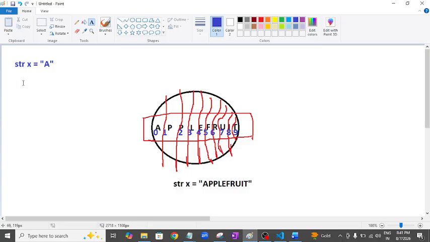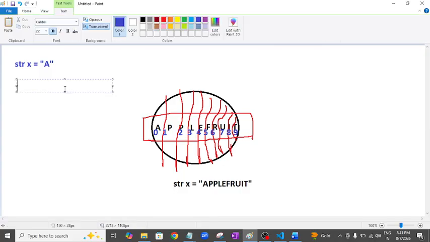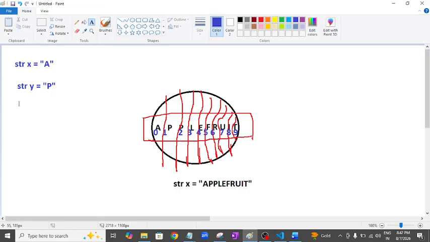Yes. So another, if I write str y equals, no, p. Sorry, apple. We are considering apple. Okay.